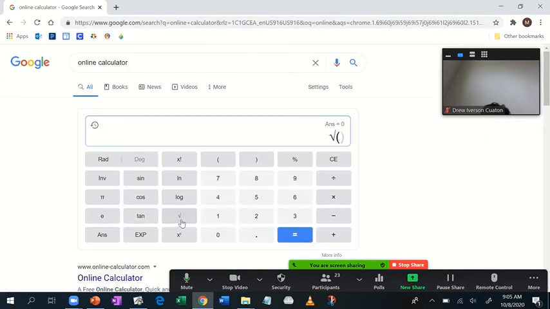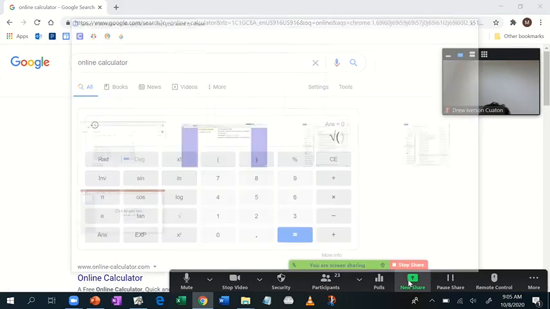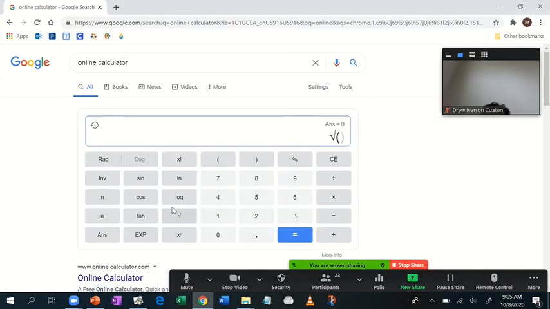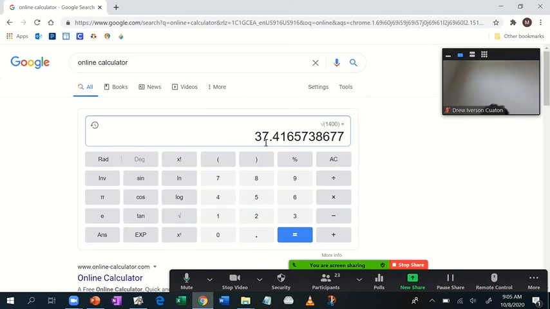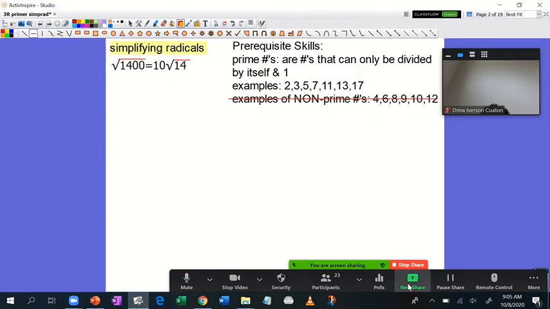There's a square root. Square root of 1400. Close the parentheses. And I get 34.41. Okay, 34.41 roughly.